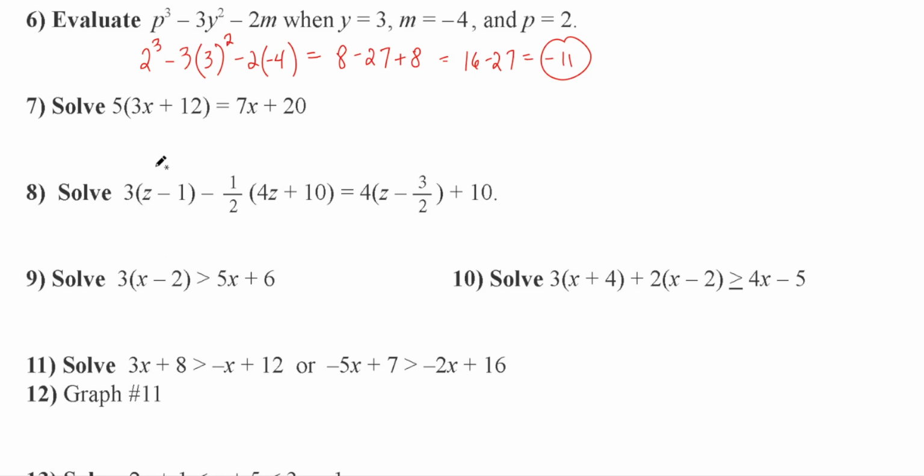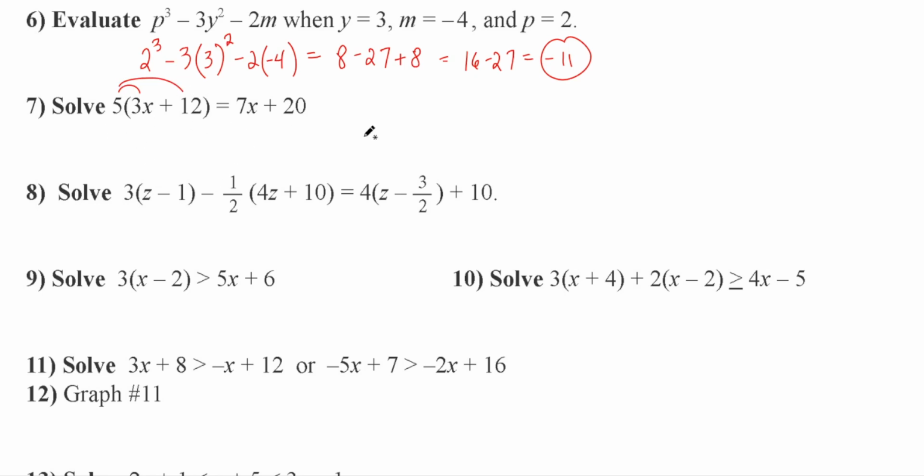All right, now we actually solve. So we've got to get x by itself now. These are just all simplifying. Some people might say simplify. This book says evaluate. But before we actually start getting x by itself, you've got to simplify both sides.